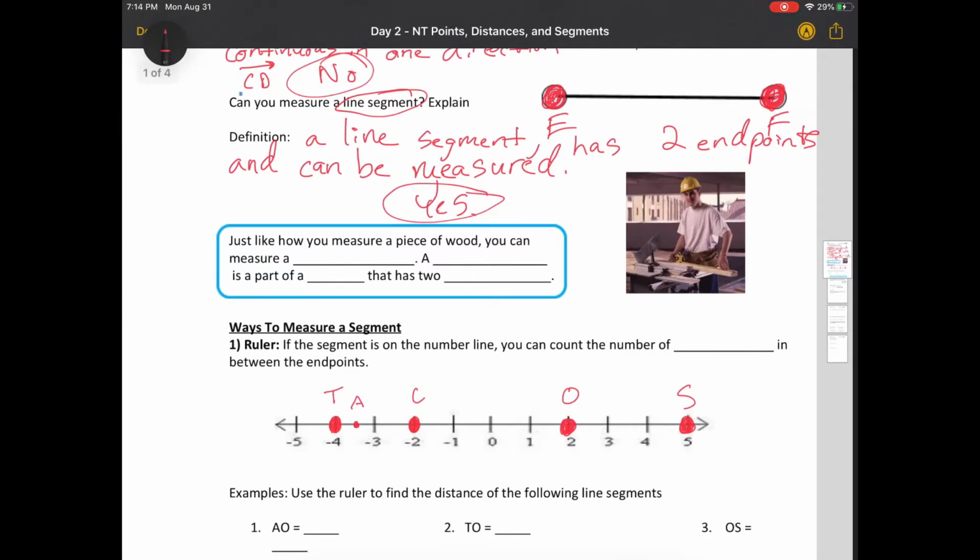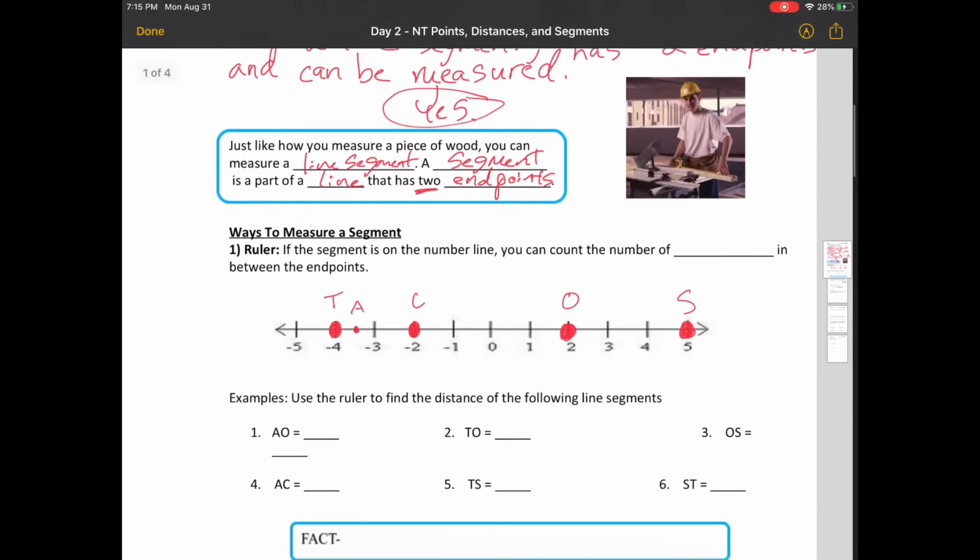Just like how you measure a piece of wood, you can measure a line segment, and a segment, like we just said before, is a part of a line. And what does it have? 2 endpoints. Okay, so picture a piece of wood.